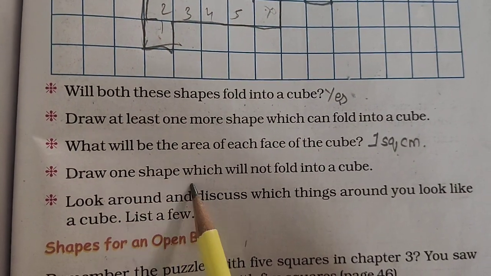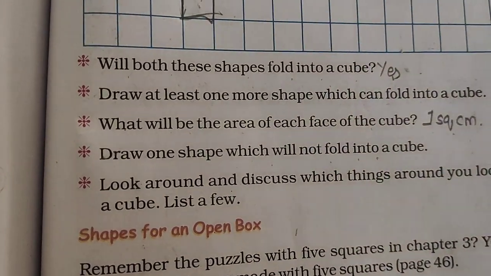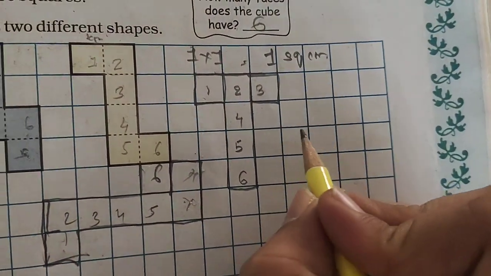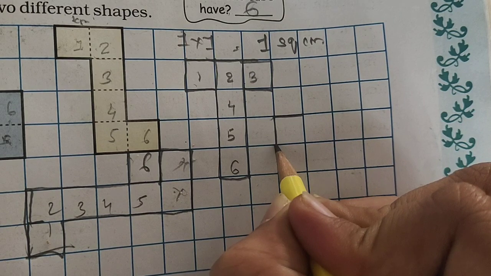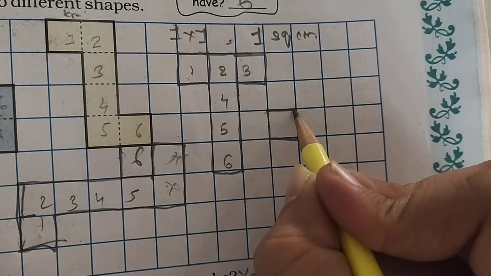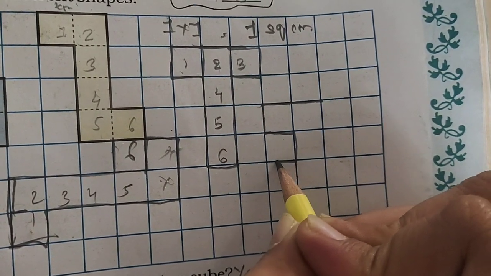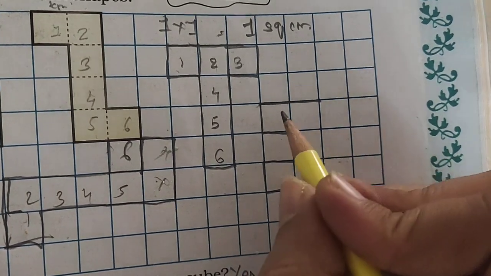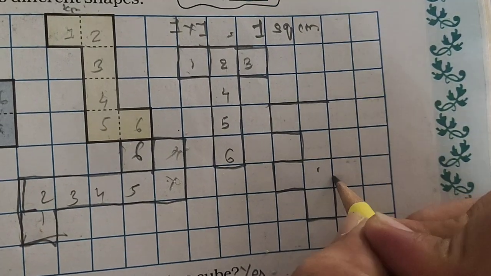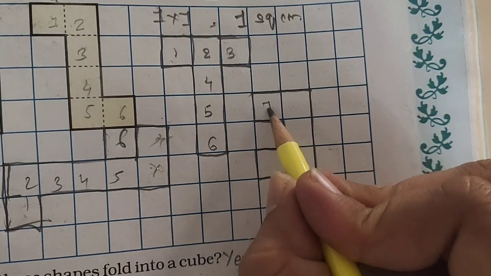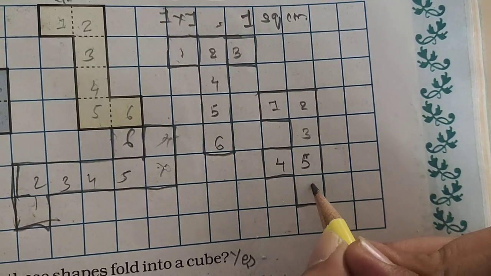Now, draw one shape which will not fold into a cube. Now we are supposed to draw one shape which will not fold into a cube. See students. 1, 2, 3, 4, 5, 6.